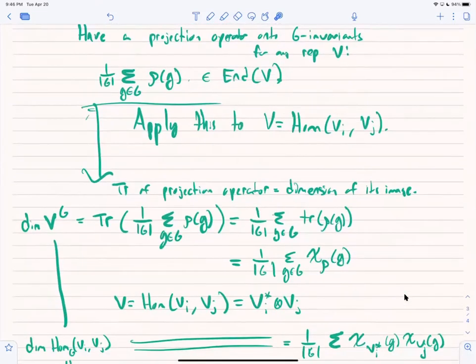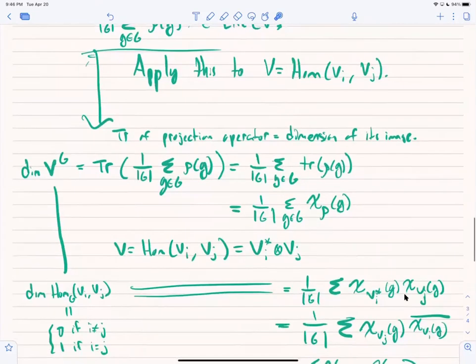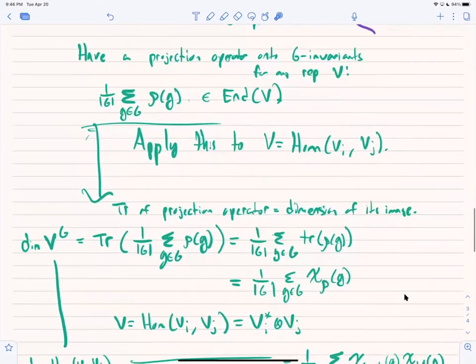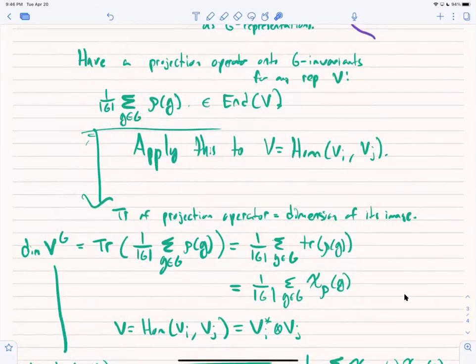Okay, and then the trick, as it has always been in representation theory, like every result we proved, is to apply a projection operator. So we project onto the G invariants, and we use that the trace of a projection operator is just the dimension of its image. And so we have this formula for the projection operator.